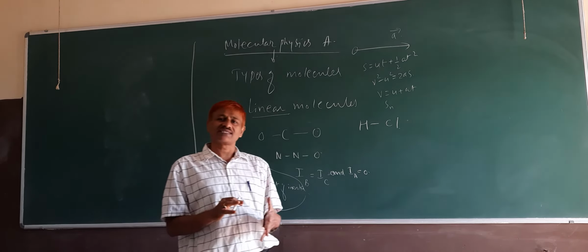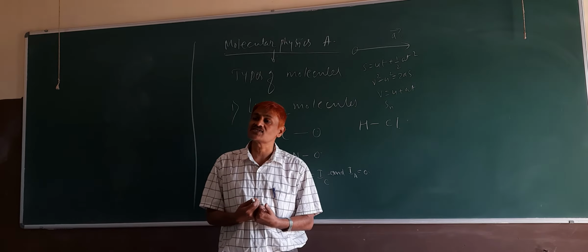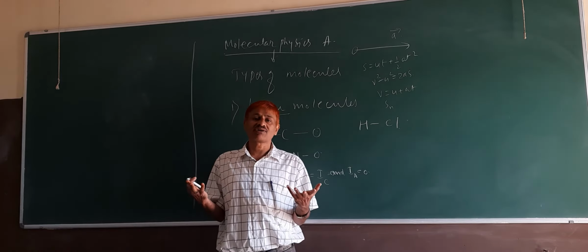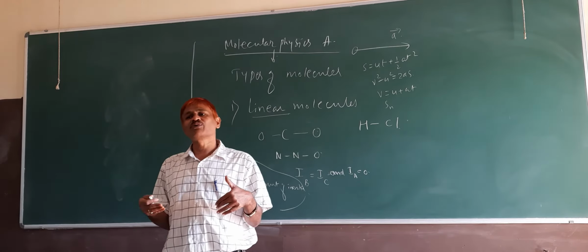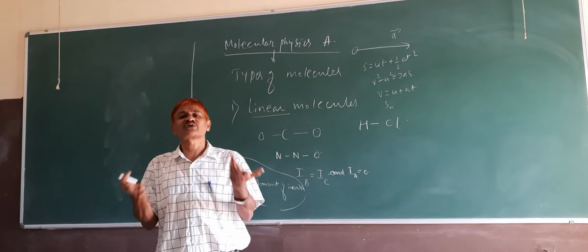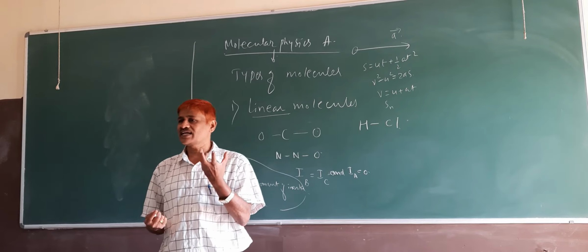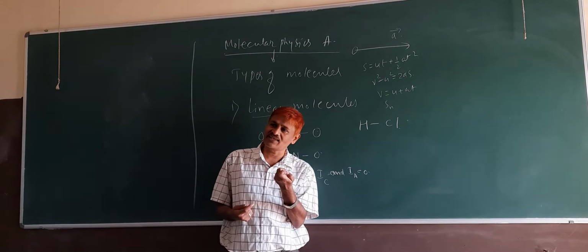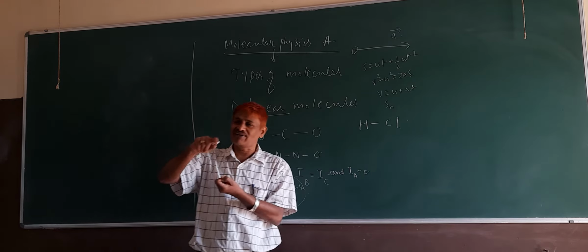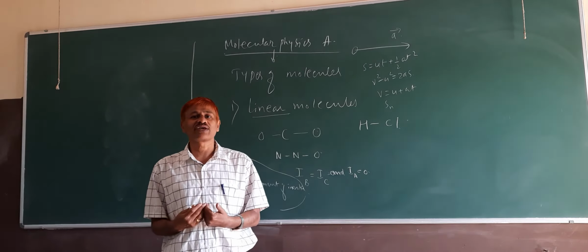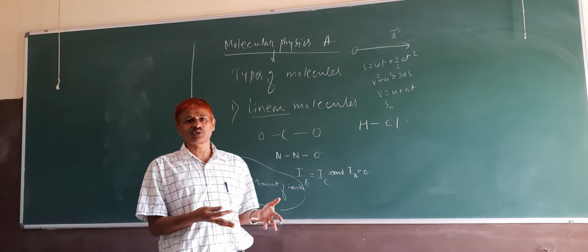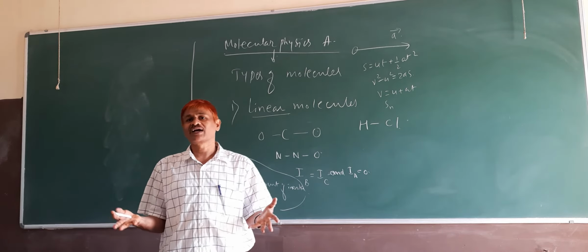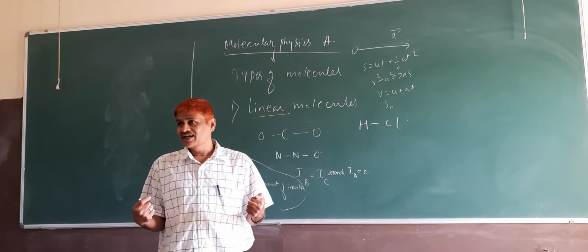Similarly, in every case, for example, to understand the structure of the atom, Bohr gave an explanation for the hydrogen atom, the simplest that we can think of, only one proton in the nucleus, one electron revolving. But if you take uranium, there are 92 protons and 92 electrons.